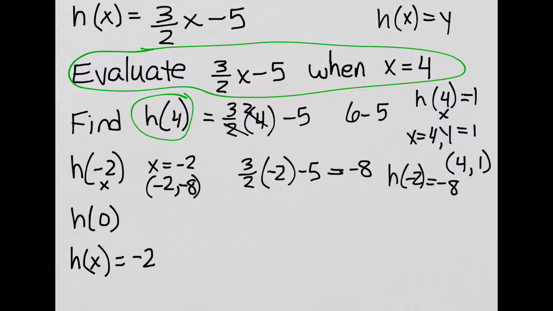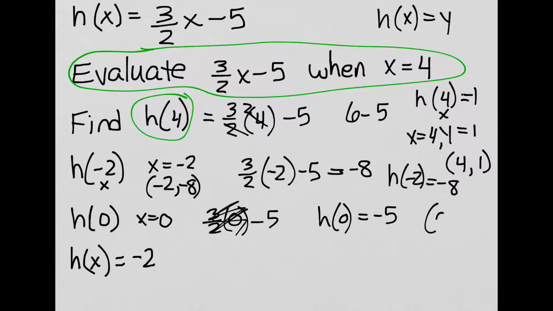Okay, h of 0, woohoo, we love evaluating when x equals 0, because when you replace x with 0, then all of this becomes 0, and so it's just equal to negative 5. So h of 0 equals negative 5.